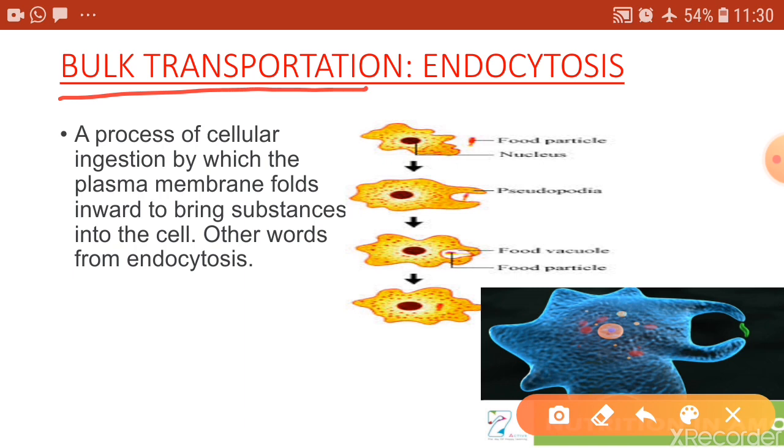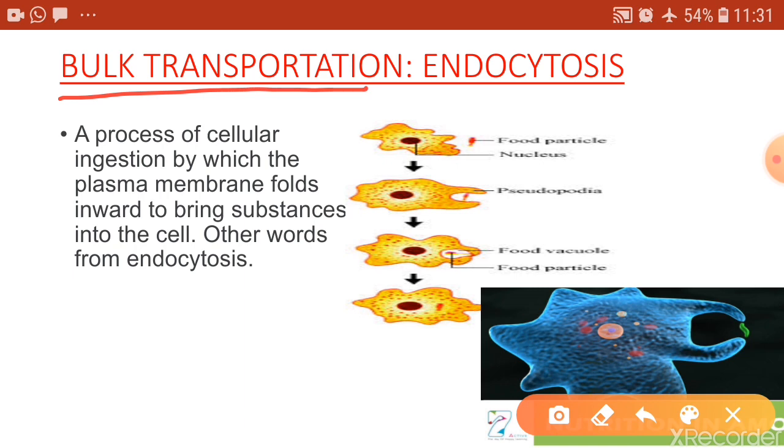Then in brief I had discussed active transportation, when the molecules move from the region of their lower to the region of their higher concentration. In that case the cell has to spend energy. And then there is bulk transportation, where the cell can take in materials in larger amounts.